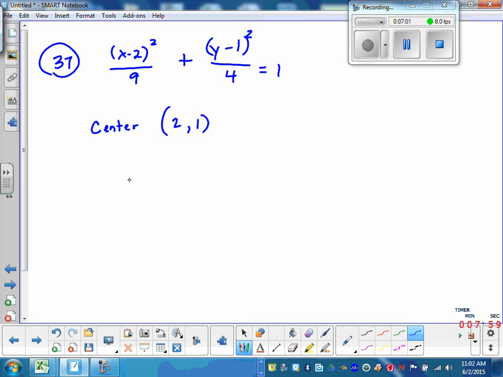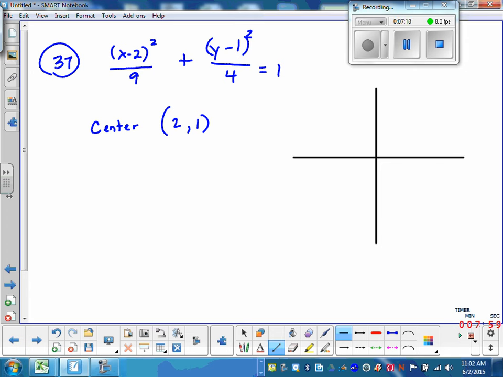You should also see that in this particular problem, your orientation is going to be parallel to the x-axis because this is the larger number.